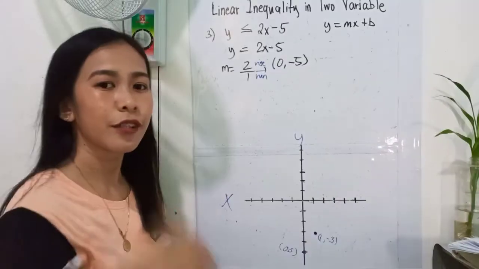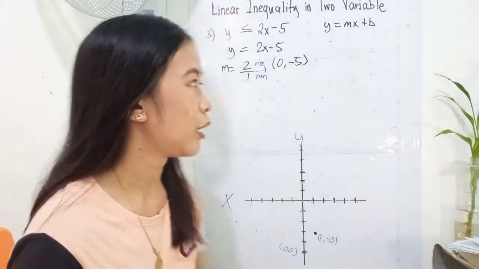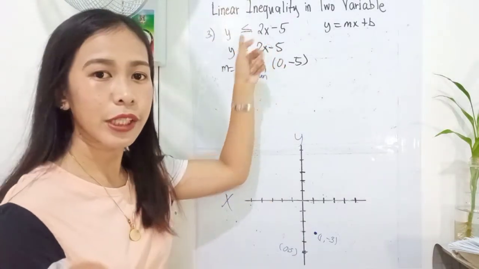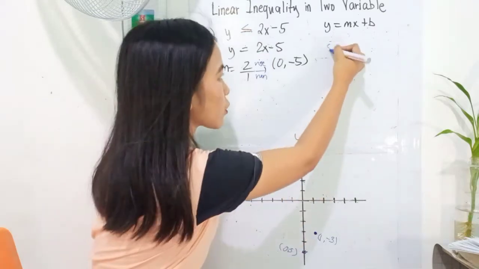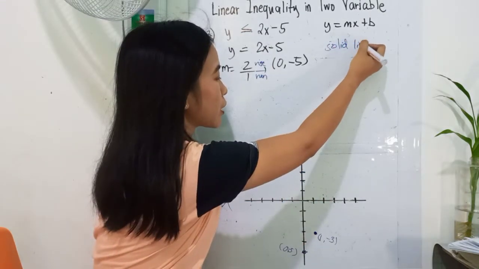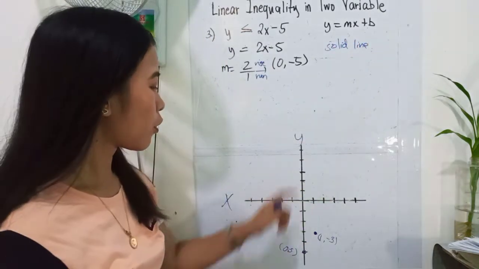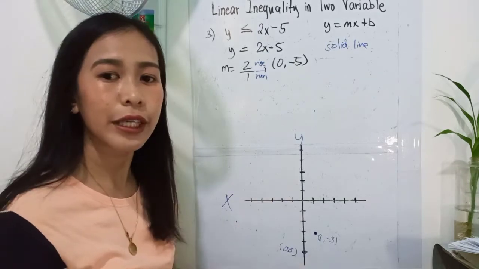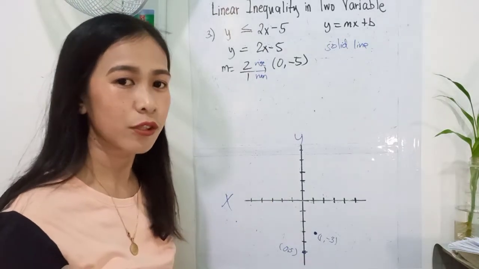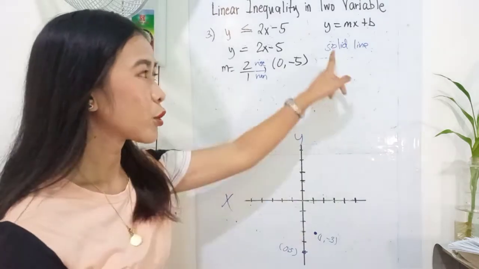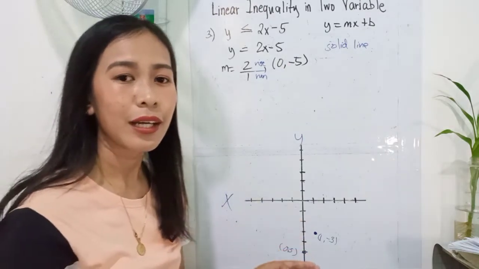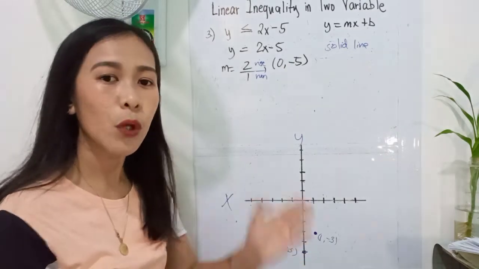Okay? And then, right after that, of course, i-graph nyo na siya. Since ito ay less than or equal, therefore we have a solid line. Bakit solid line? Itong nakuha nating ordered pair, kasali sila sa solution set, kasi solid line yan. Ito yung mga kanina ay broken line.